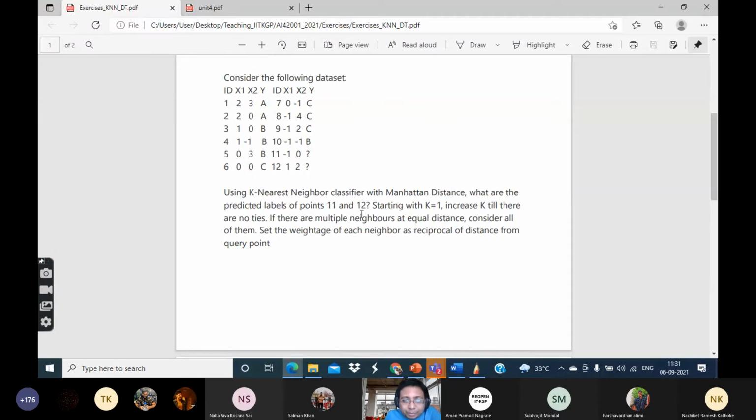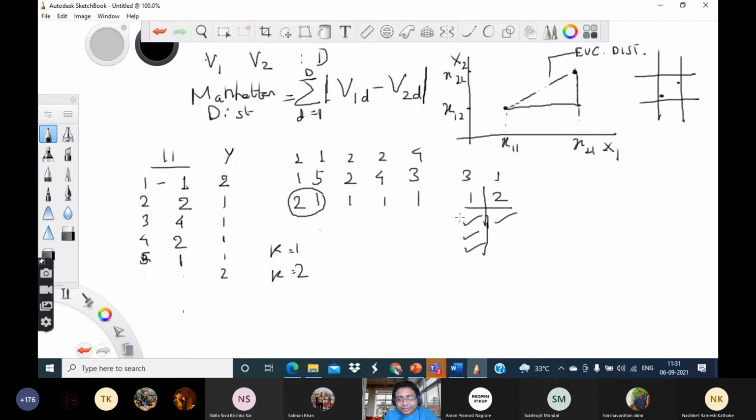Now coming to the second problem, which is just a spin-off from the first problem. It is saying to set the weightage of each neighbor as the reciprocal of the distance from the query point. In this case, the distance from the query point we have calculated to be 1, so its reciprocal will be 1.